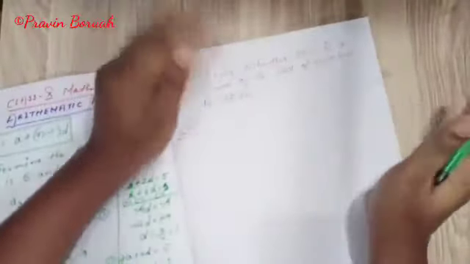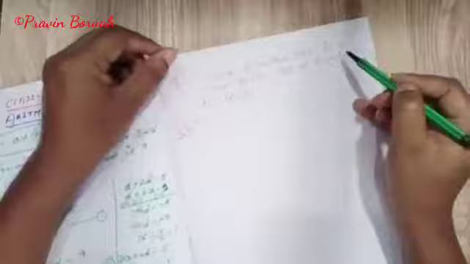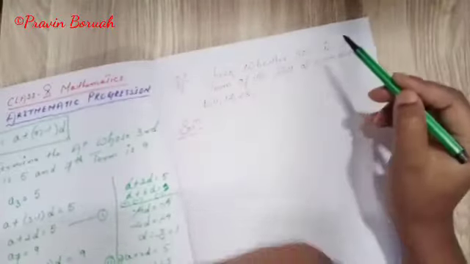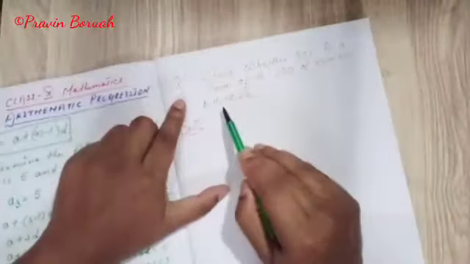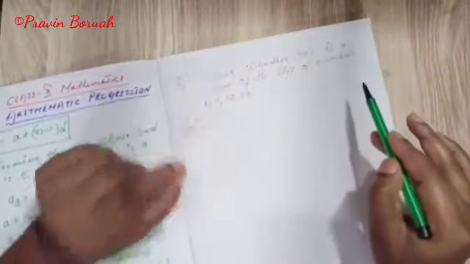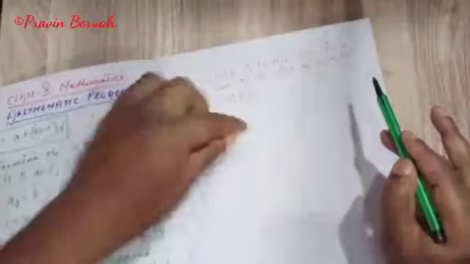Are you getting the question or not? Once again, check whether 301 is a term of the list of numbers 5, 11, 17, 23. So many numbers are there in this series, and you have to find out whether 301 lies in this series or not. That is the question. Okay.